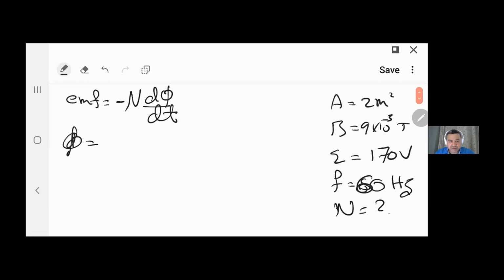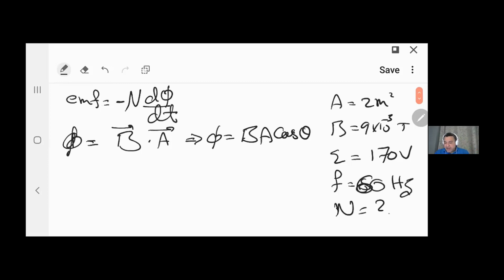start with the flux, I know that the flux equals B dot A, which basically gives me B A cosine theta, where theta is the angle between the normal unit vector of the area and the magnetic field. So this is phi.